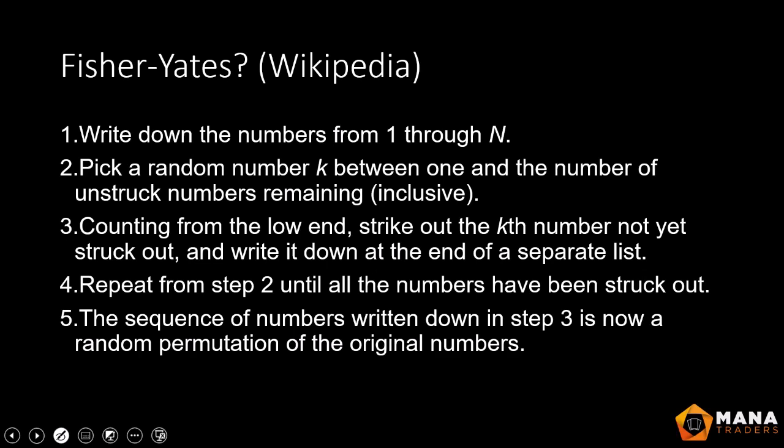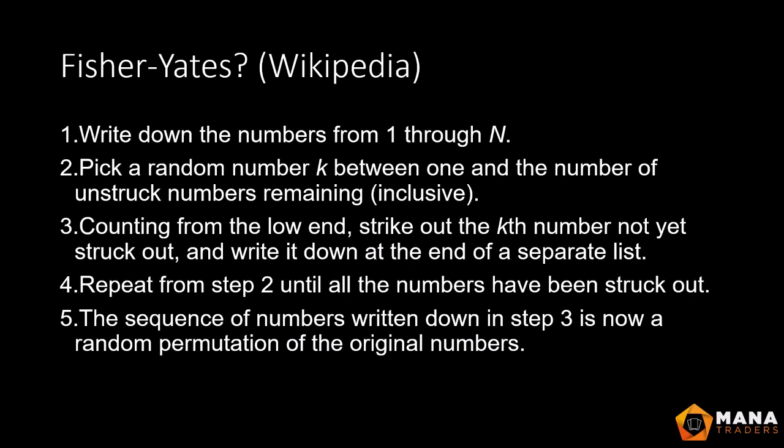So this is from Wikipedia. What is the Fisher-Yates algorithm? This is the algorithm. Suppose you have a deck of big N cards. You begin the Fisher-Yates algorithm by writing down numbers from 1 through big N. Next, you pick a random number k between 1 and the number of unstruck numbers remaining.